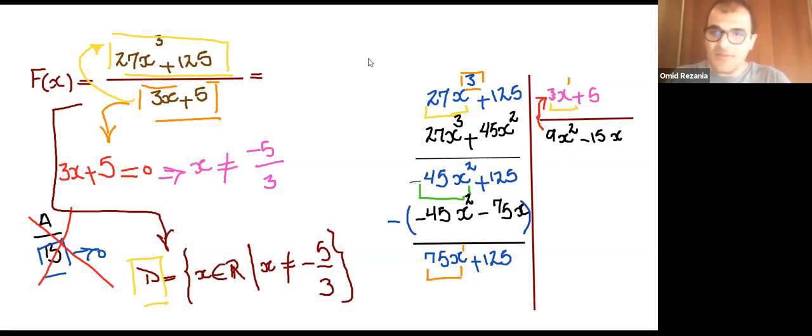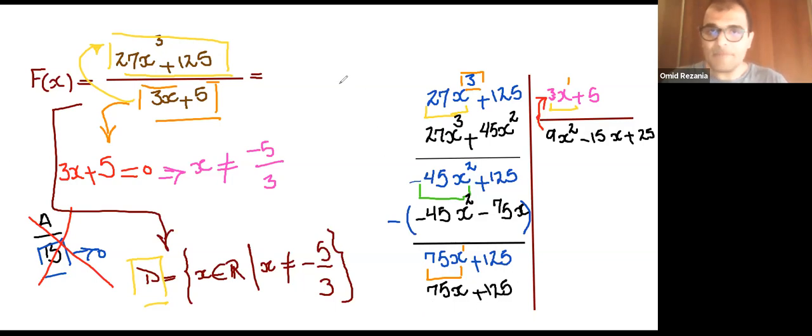Then what I'm going to do here is multiply this by what, in order to get rid of 75x? If I multiply that by 25, I get 25 multiplied by 3x, which becomes 75x. 25 times 5 becomes exactly 125.